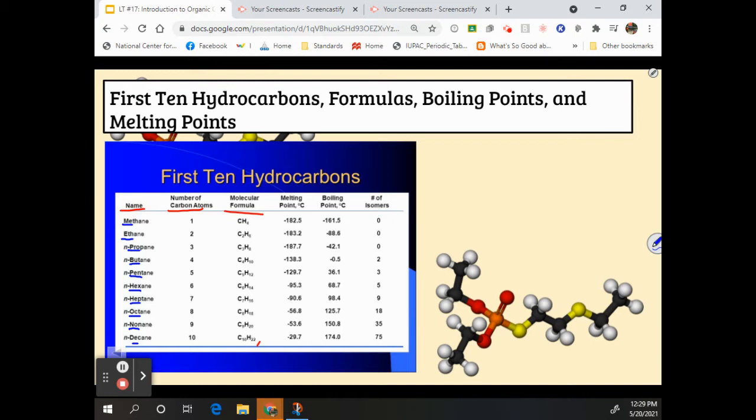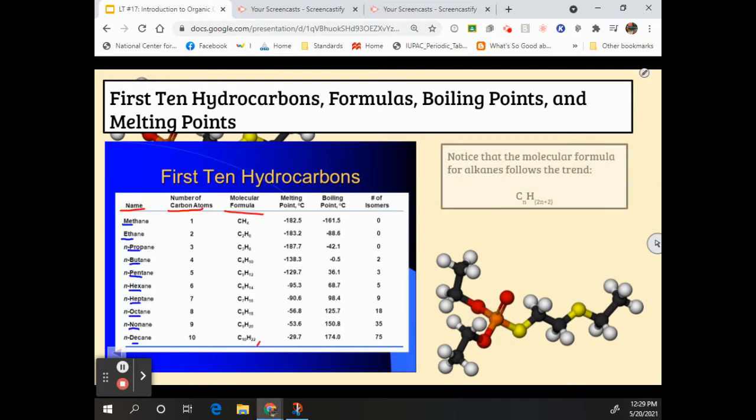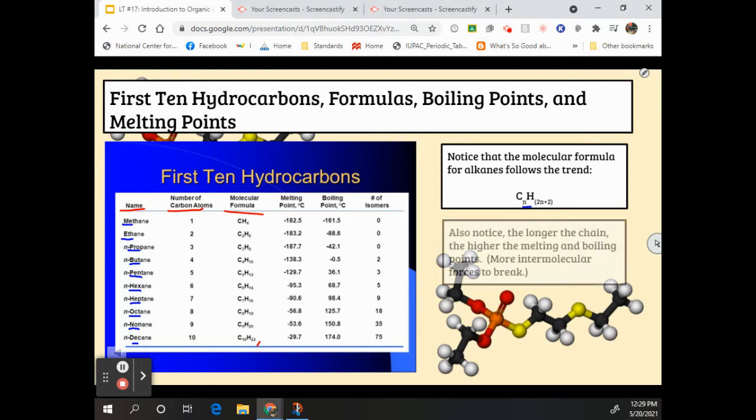You're going to see here that the formula for each of these alkanes follows the equation C sub n H sub 2n plus 2. So n is going to be the number of carbons in the chain, and if I double the number of carbons in the chain and add 2 to that, I'll get the molecular formula for that particular alkane.